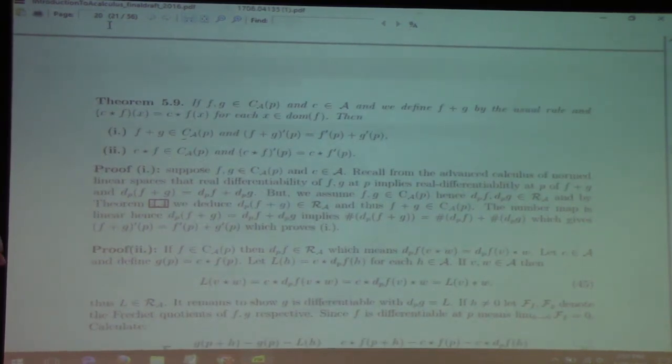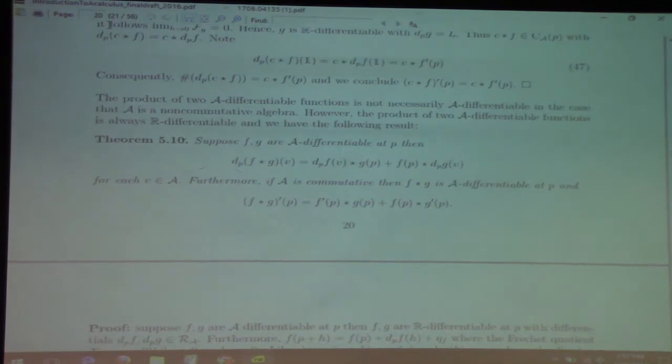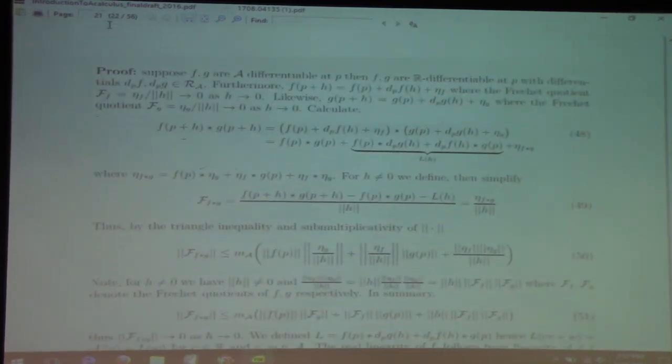But okay, so I was just talking to you guys about this one. So actually, in my notes, I look at the product of p plus h valued functions and suggest that this is actually a formula for the Fréchet quotient of f star g, and so I work with that and actually give a rather different argument.